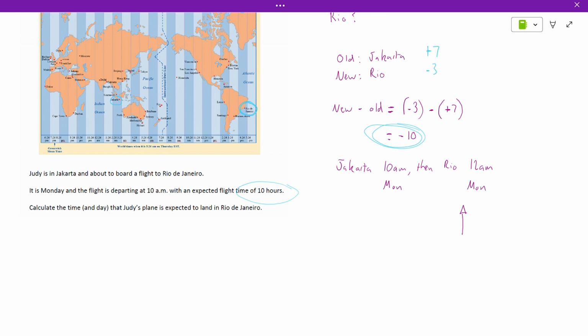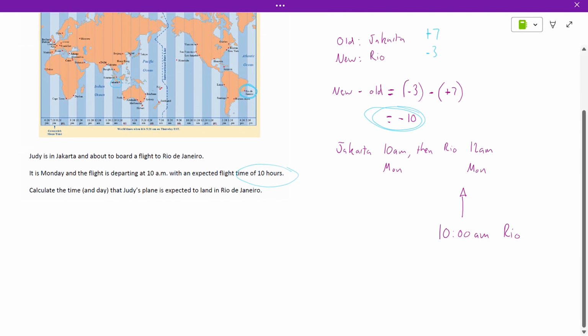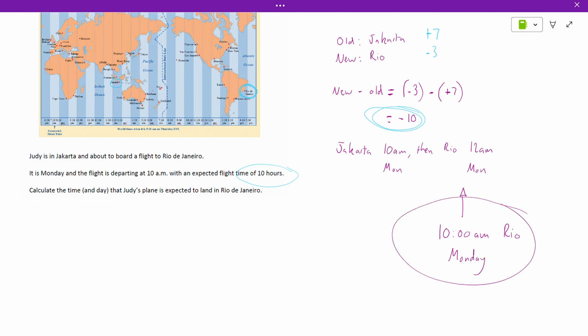So 12 a.m., 1 a.m., 2 a.m., 3 a.m., all the way up to 10 a.m., 10 o'clock a.m. Rio time, and that is going to be on Monday. So that is your final answer down here, 10 a.m.